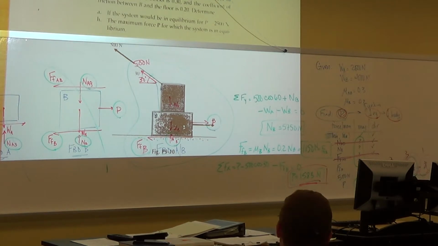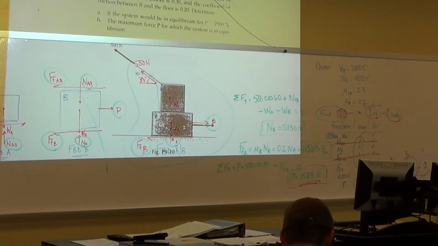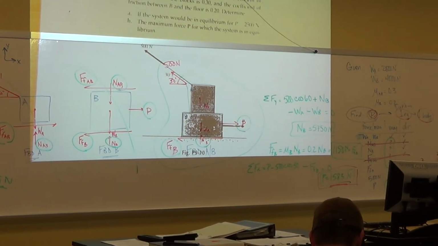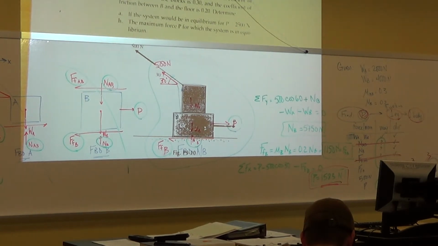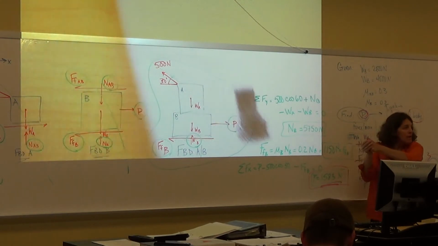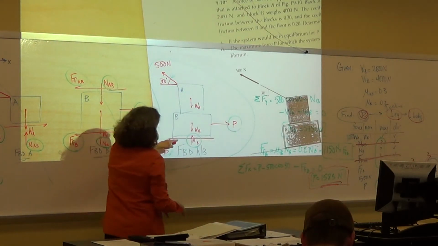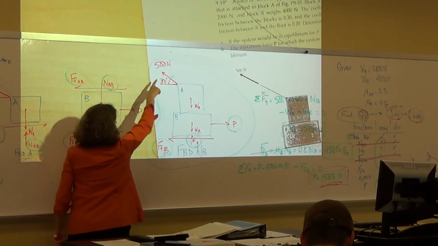So, take a look at this picture. Let's think about it physically. When I pull the blocks by force P, what is trying to keep it going the other way? The 500 and the friction. Does that make sense? I'm trying to pull these two blocks to the right, and what I have to overcome is the frictional force between here and the 500.